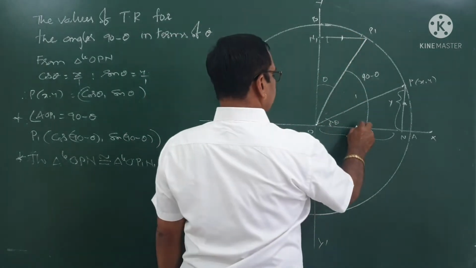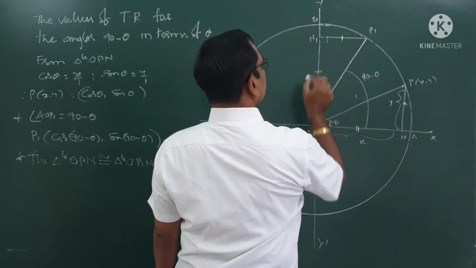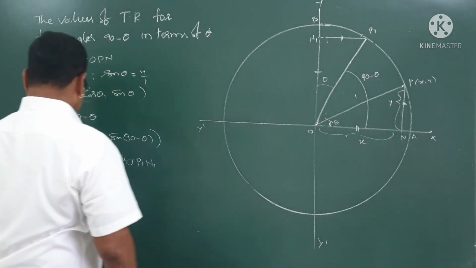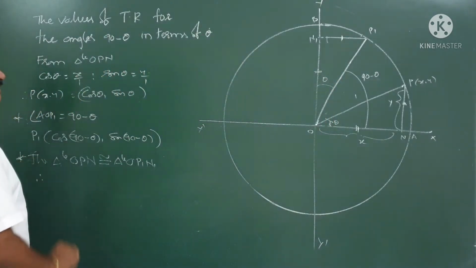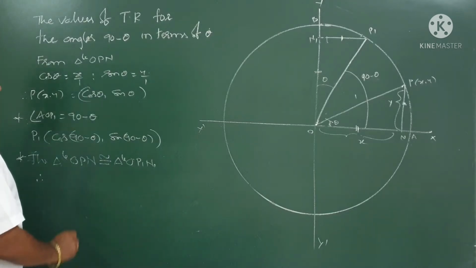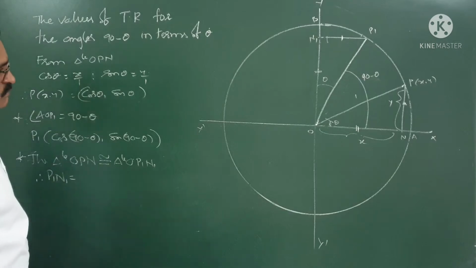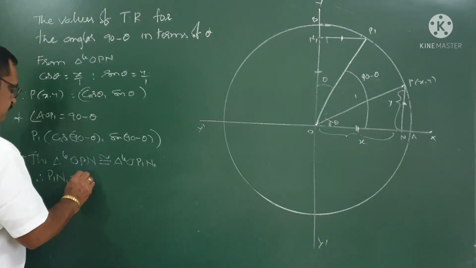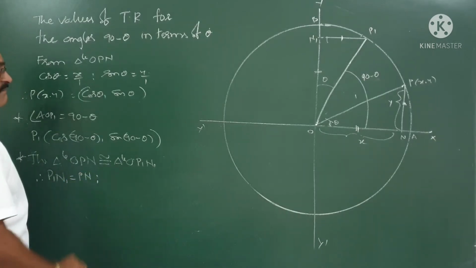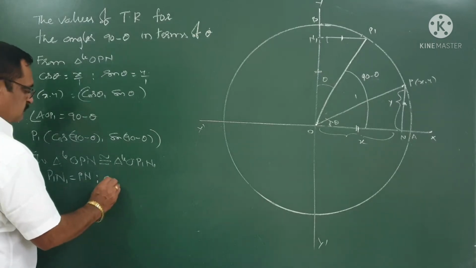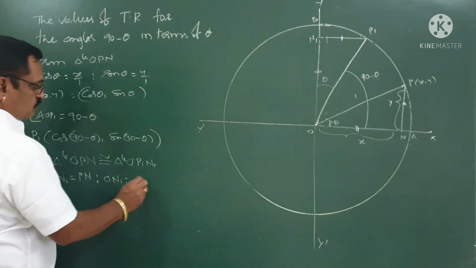My ON is equal to my ON1. Therefore P1N1 is equal to PM, whereas ON1 is equal to ON.